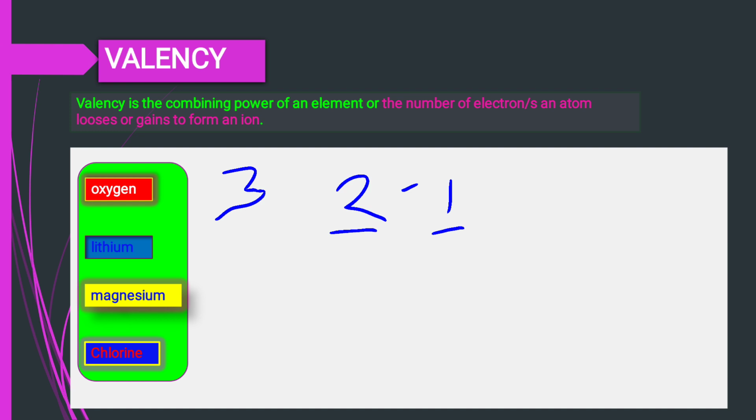So, for lithium to react, it has to lose the 1 electron so that it has a duplet state, and that is 2 electrons, because it is easier for lithium to lose 1 electron than to gain 7 electrons to form an octet state.